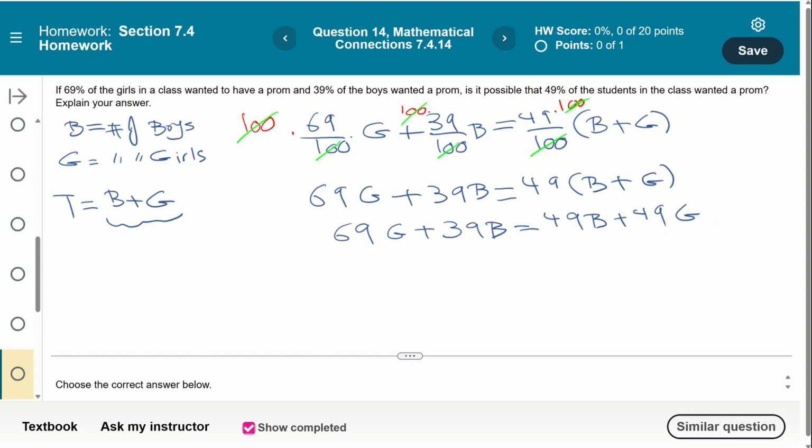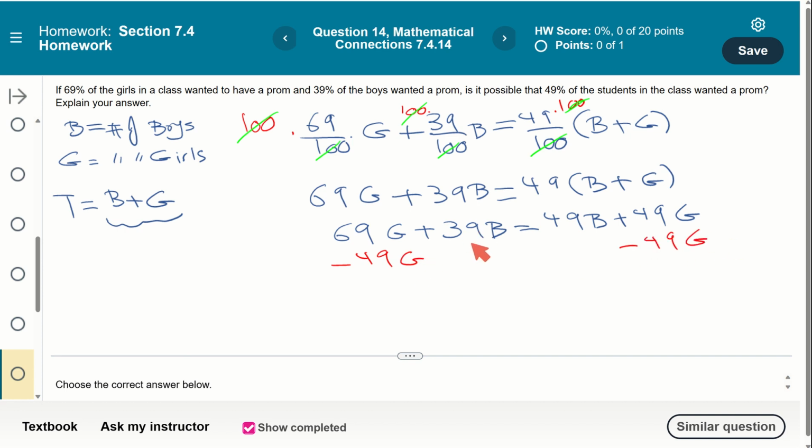Let's get all the girls on one side, the boys on the other side. So we'll accomplish that together at the same time. Since the larger number for girls is on this side, let's get those on this side. So we'll subtract 49g from both sides.